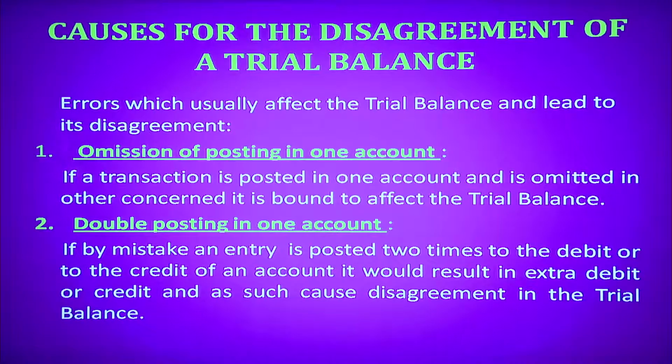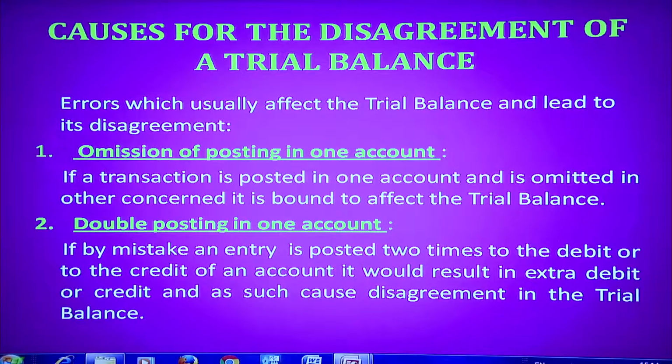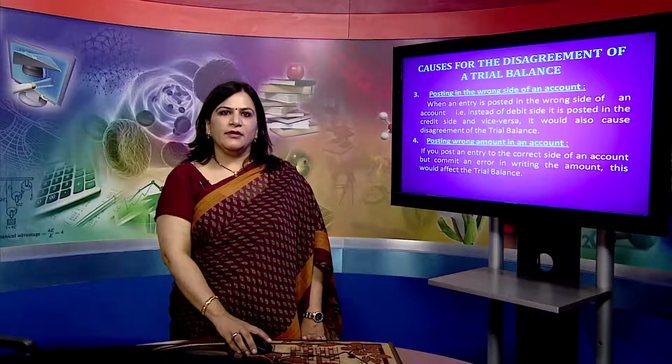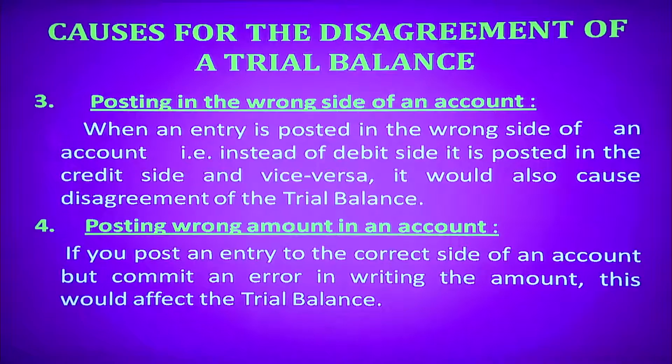If by mistake an entry is posted 2 times to the debit or to the credit of an account, it would result in extra debit or credit, and as such it may cause a disagreement in the trial balance. The third disagreement may arise because of posting on the wrong side of the account.